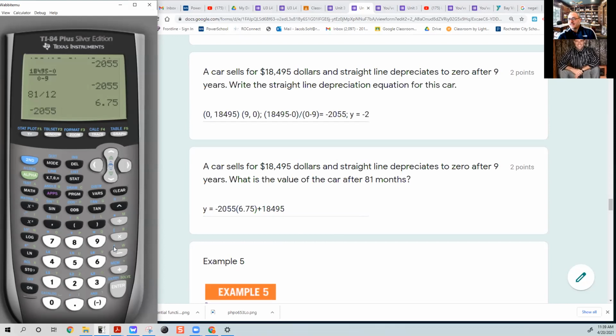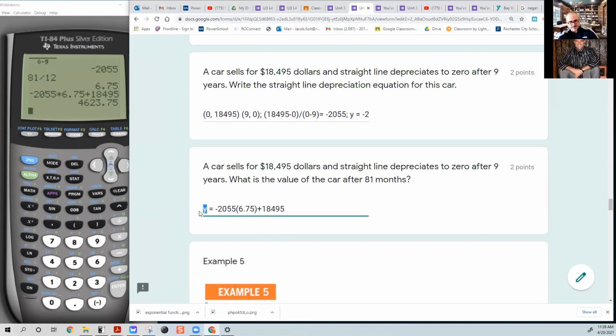Negative 2,055 times 6.75 plus 18,495, oh sorry, that's $4,623.75. That's what we're looking for. The value of the car after 81 months will be $4,623.75. You may or may not want a dollar sign.